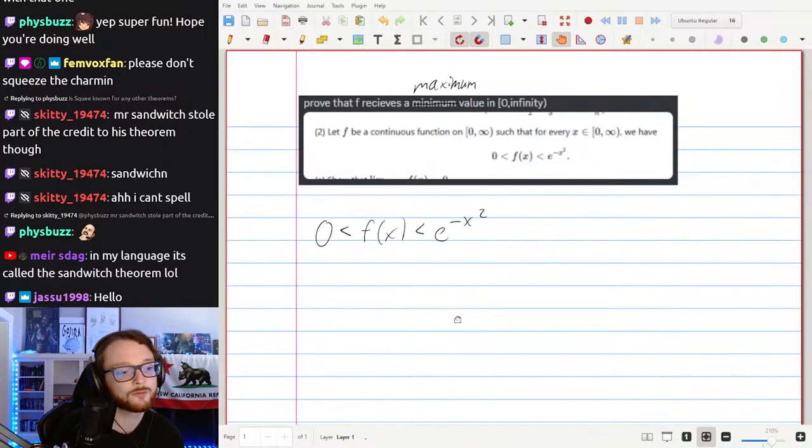Hey, Jesu. Because it's not a given that the maximum occurs at 0. You could have a function, theoretically, that starts here and then goes whoop, and then comes down.